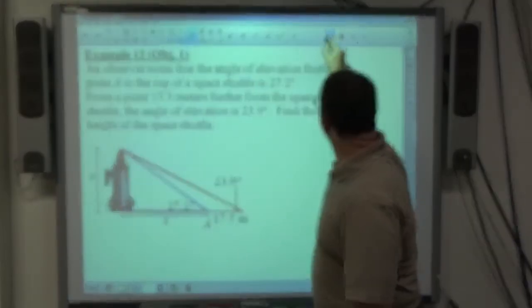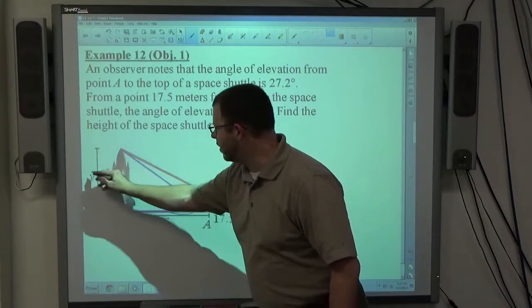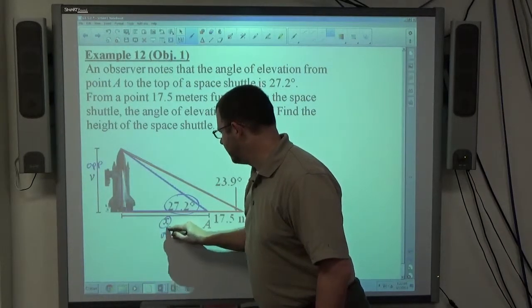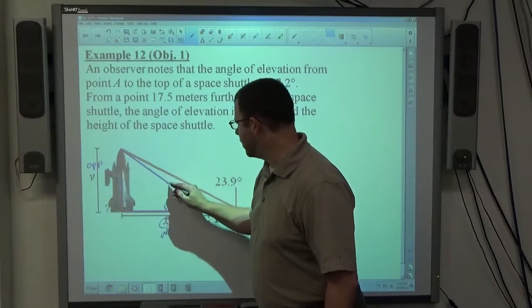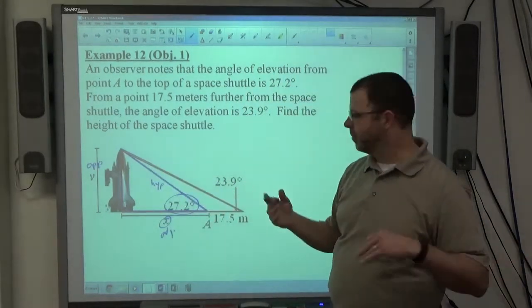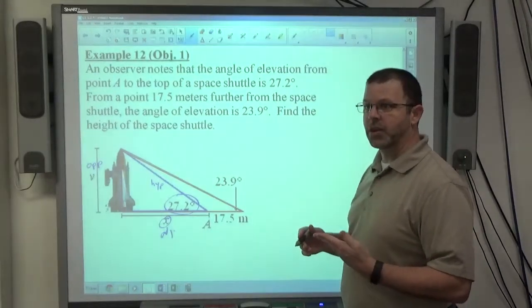If we take a look, first of all, at the 27.2 degree angle, we recognize that V is the opposite side, and X is the adjacent side. And of course, this would be the hypotenuse, but the hypotenuse isn't coming into play because we don't know anything about it. Based on SOHCAHTOA, tangent is opposite over adjacent.